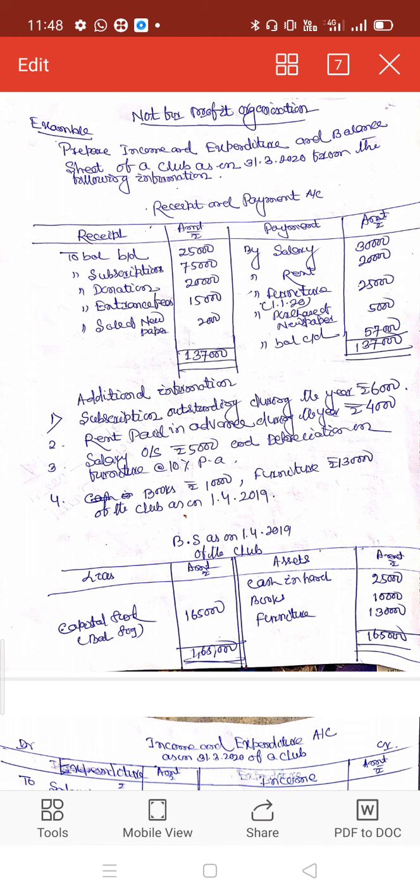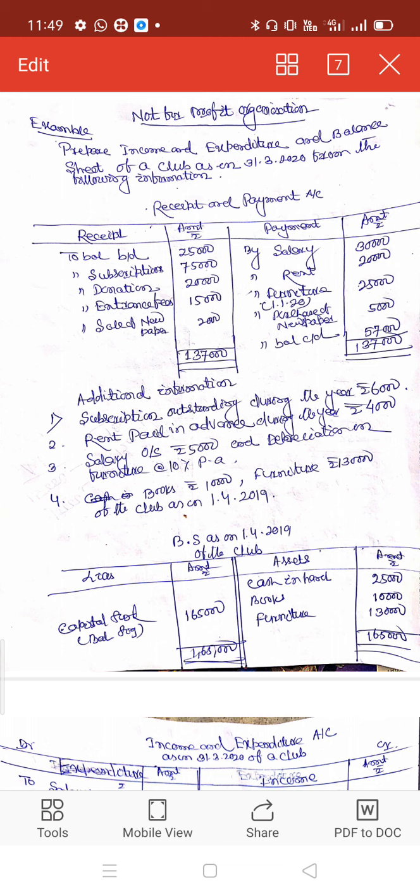On the payment side, by salary 30,000, by rent 20,000, by furniture 25,000, which was purchased on 1/1/2020, and by balance carried down 57,000. Additional information: subscription outstanding during the year 6,000, rent paid in advance 4,000, salary outstanding 5,000, and depreciation on furniture at the rate of 10% per annum.